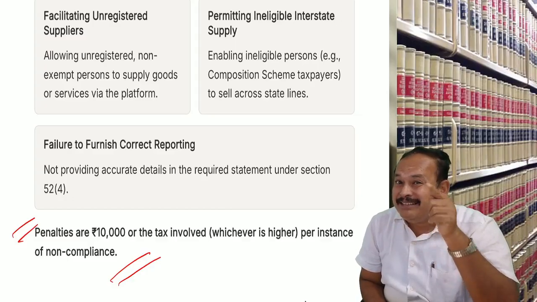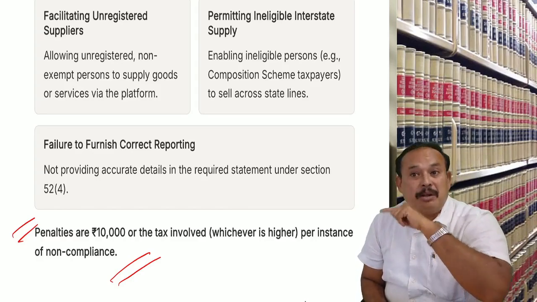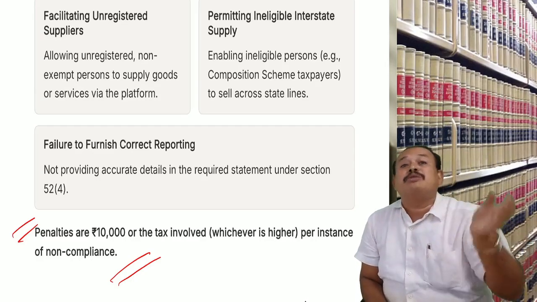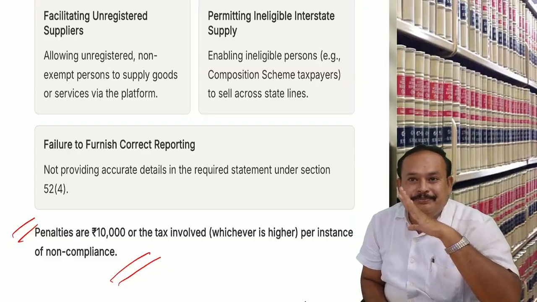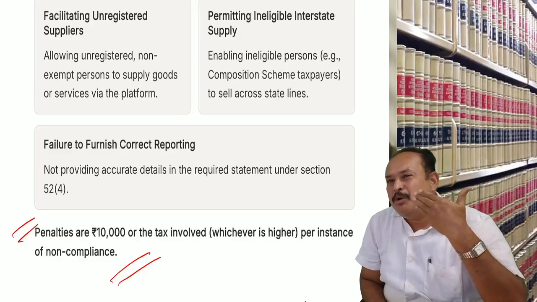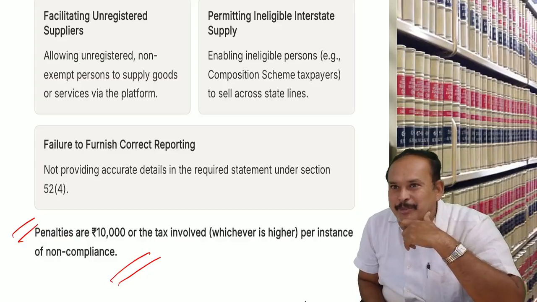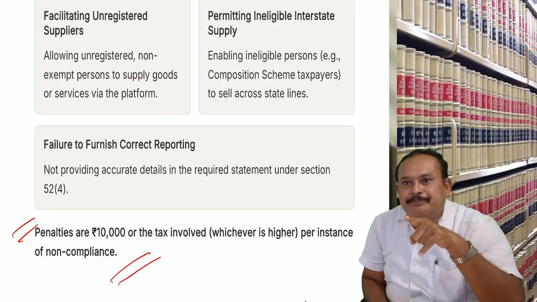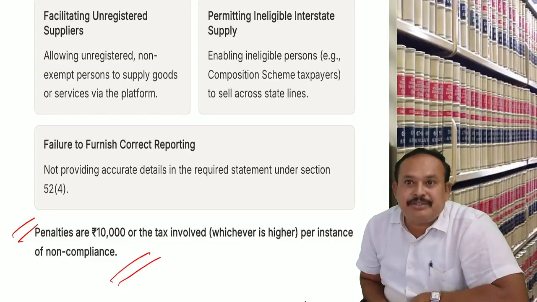Without submitting that unique identification number in the office of the e-commerce operator, if the e-commerce operator permitted him to supply the goods on his platform, it is an offense. Sir, you are liable to TCS. Have you collected? Collected, sir. Have you remitted? Not remitted, sir. Offense. You are required to collect. Have you collected? Not collected. Offense. You get my point?